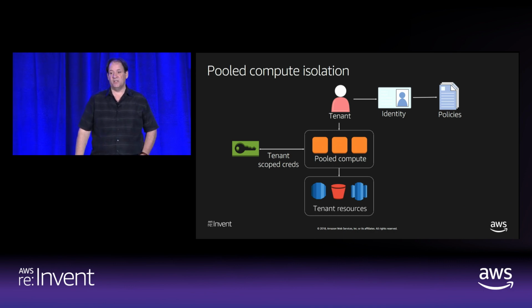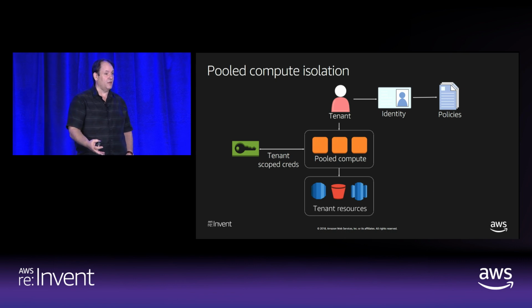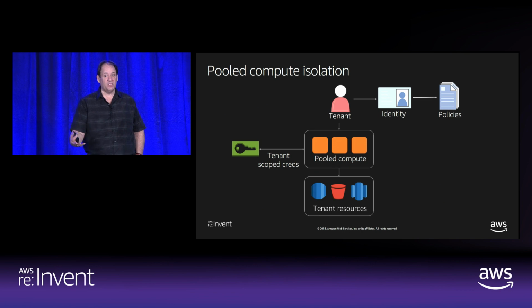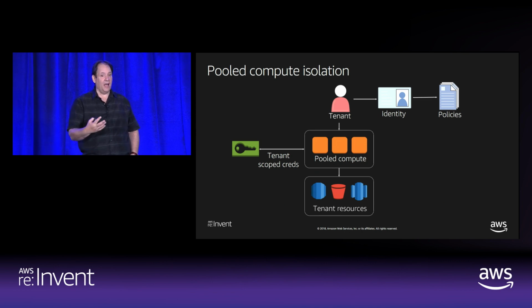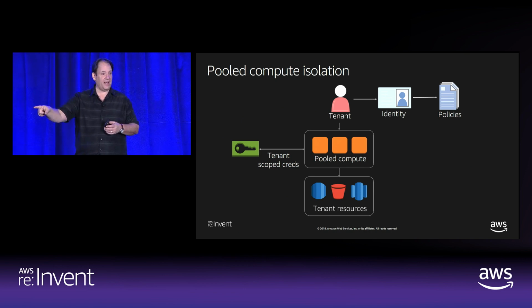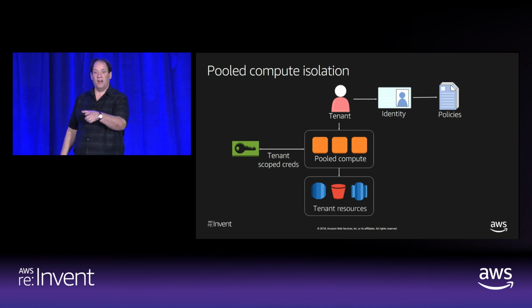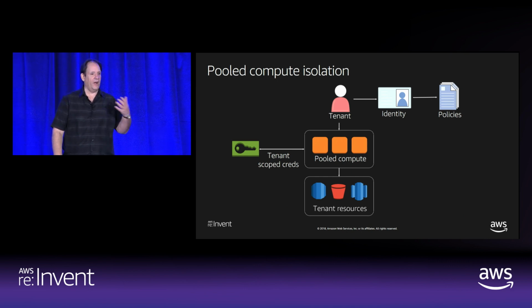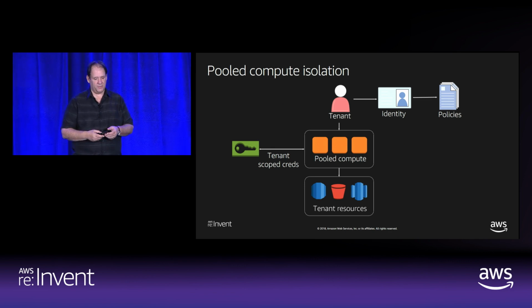Anytime one of these compute resources wants to access data or some resource, it doesn't have to be data, I'm going to get scoped credentials that say, here's the scope of what you're allowed to do. Now go engage that construct. And when you do, those scoped credentials ought to be able to verify whether you're allowed to touch that resource or not. So we're essentially acquiring a set of credentials at runtime and then accessing resources with those credentials.